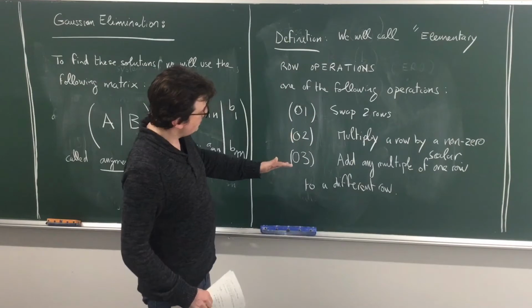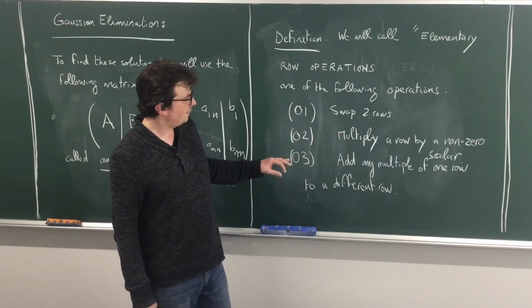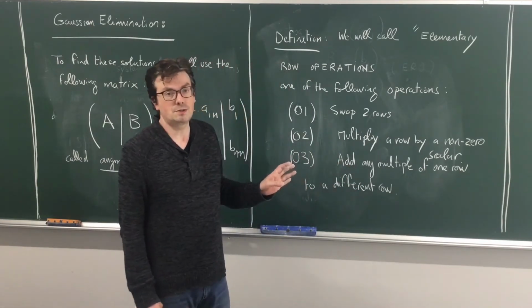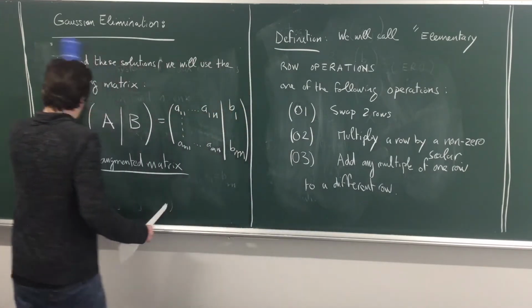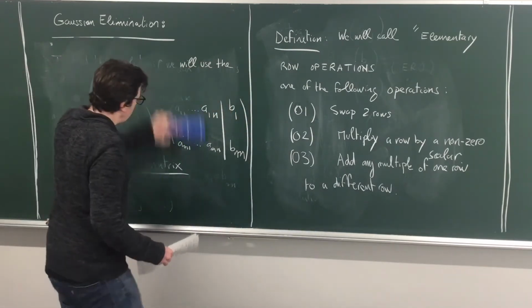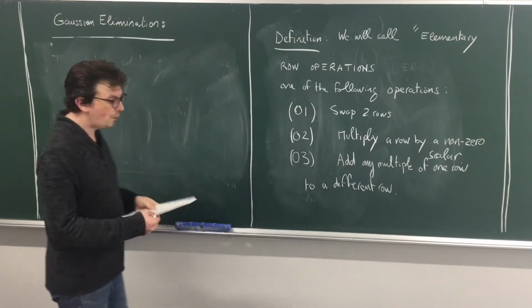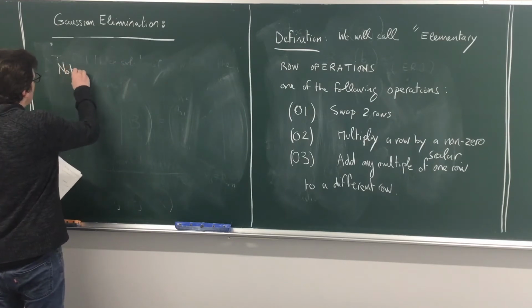Okay, this is a little harder to imagine, but this is actually true. This operation does not modify the set of solutions. We will use also the following notations to remember what kind of operation we use. So notations.